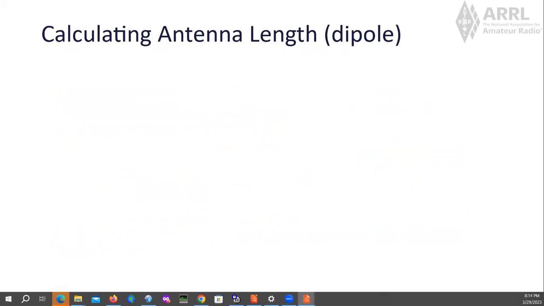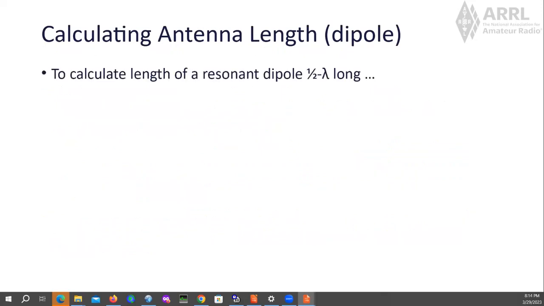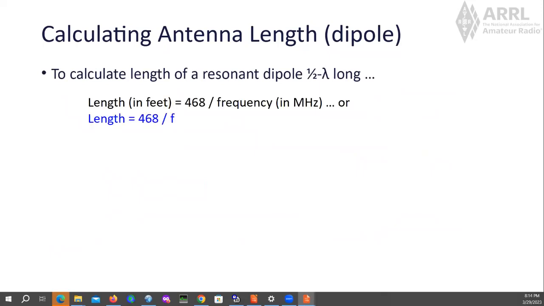Calculating antenna length, the dipole. To calculate the length of a resonant dipole, 1/2 wave long, the length in feet is equal to 468 divided by the frequency in megahertz. In other words, 468 divided by your frequency.